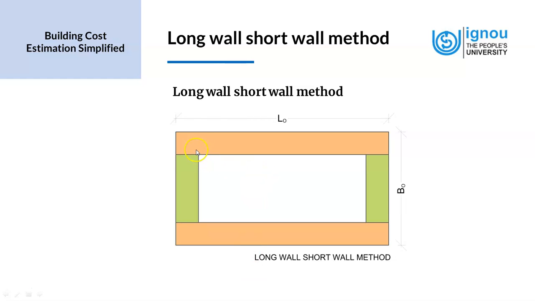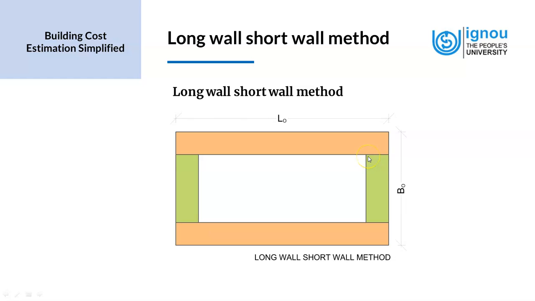So in the long wall short wall method, the walls are considered separately, individually. In this case, this whole wall, which has one side as L0, is taken as one wall, and here the corner repetition is not taking place.